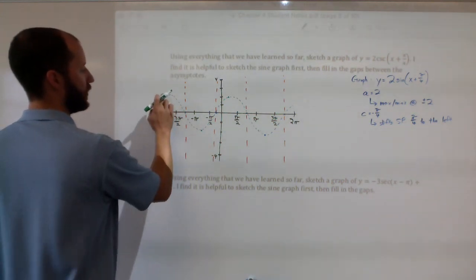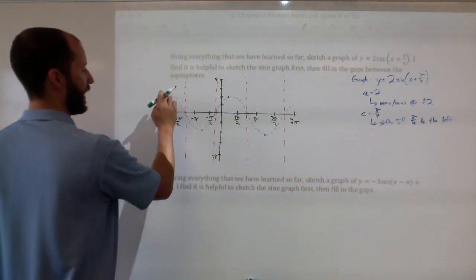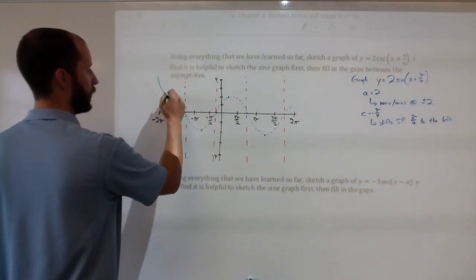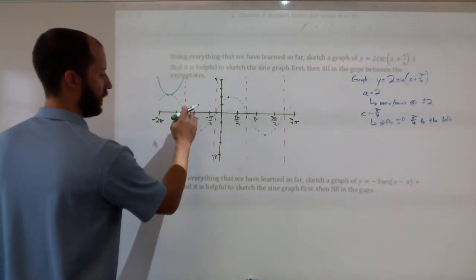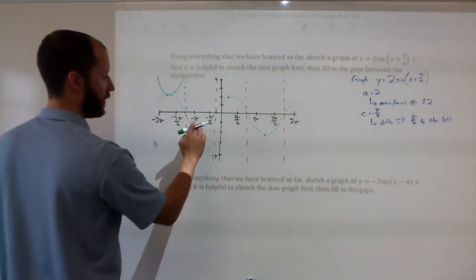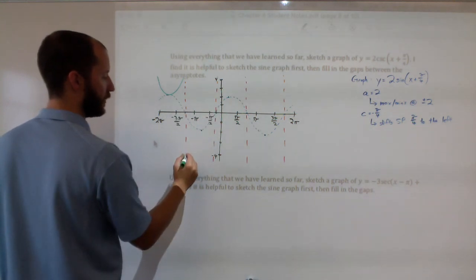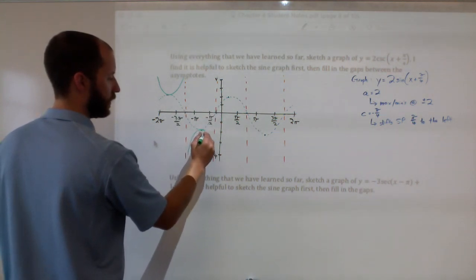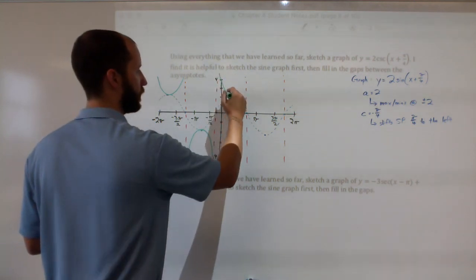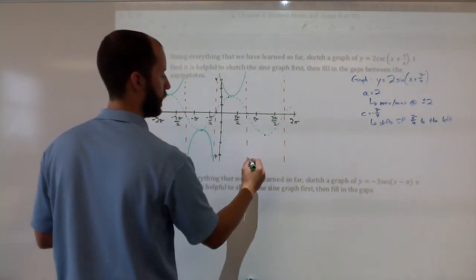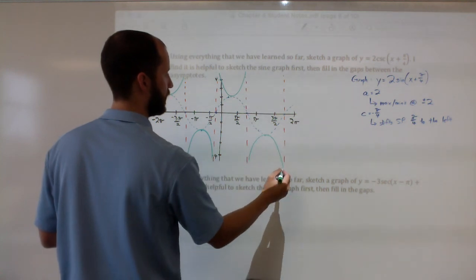This dotted blue is opening down, so that means that we're going to open up. In this little interval here, it's an opening up kind of loop. So the reciprocal is going to open down. Open up, open down.